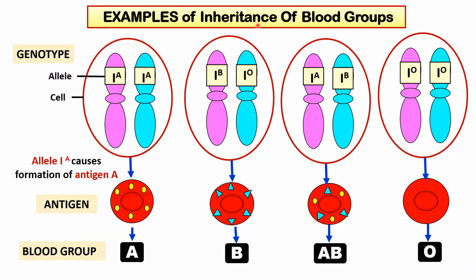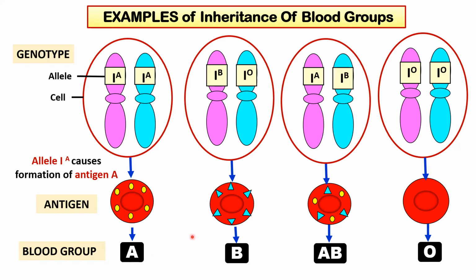So going on further, these are examples of inheritance of blood groups, all right? Now, if you look at this picture, this person's cell has two alleles, IA. So what is his blood group? Now, this allele IA will cause production of antigen A, so he'll be in this group, blood group A, right?